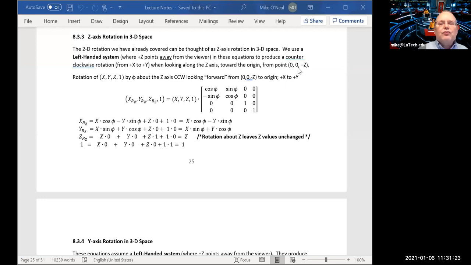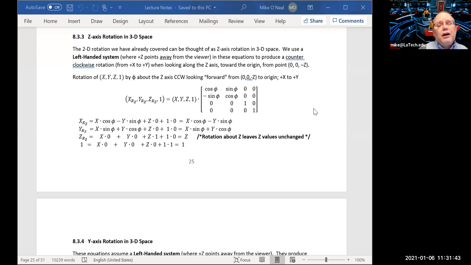We're viewing things from 0, 0, minus z, in negative space, looking towards the origin. It'll be a counterclockwise rotation from plus x to plus y. Does that make sense?